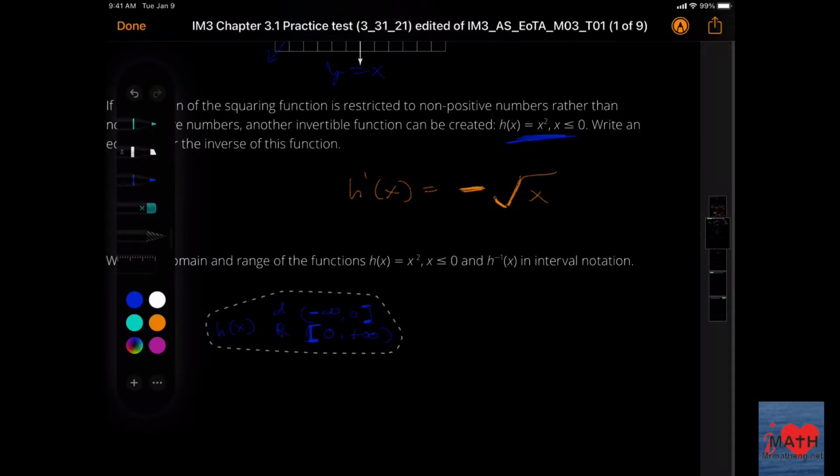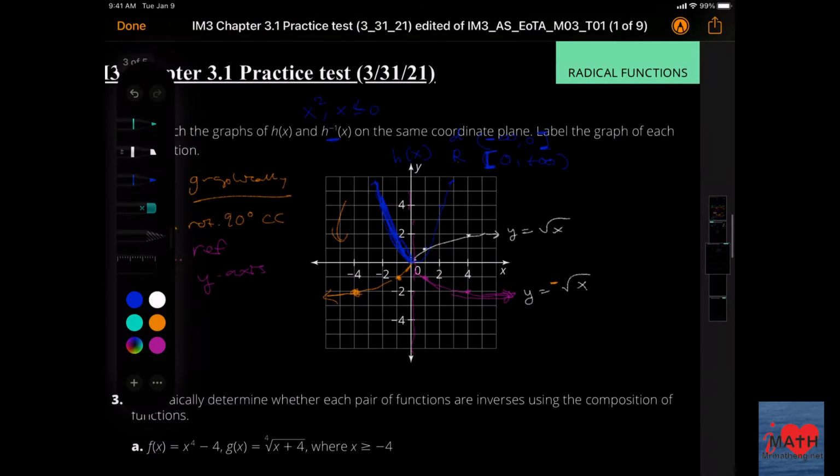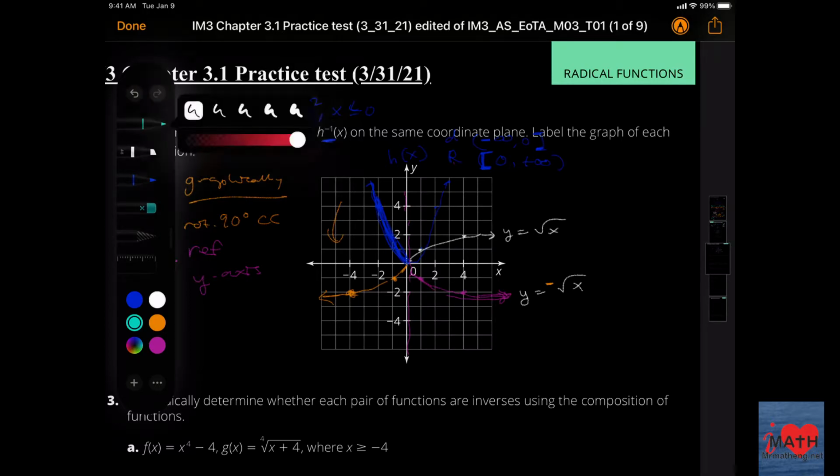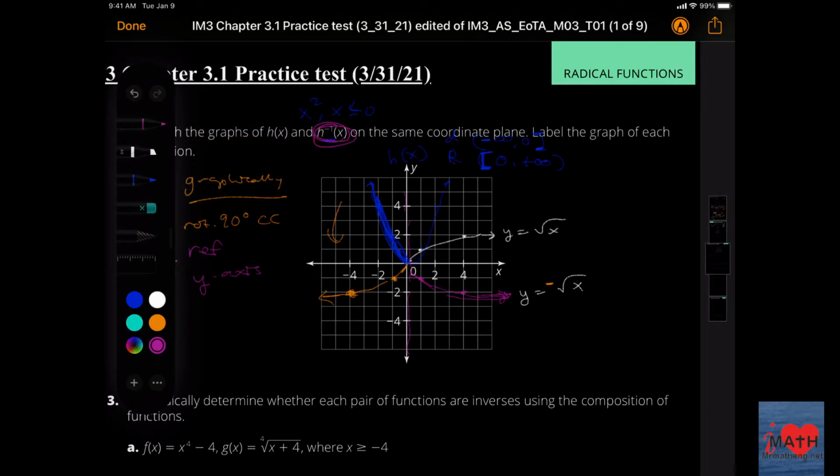And then let's go ahead and do h prime of x. Let's do this one. H prime of x is this one, the inverse of h of x. And that's the pink graph.